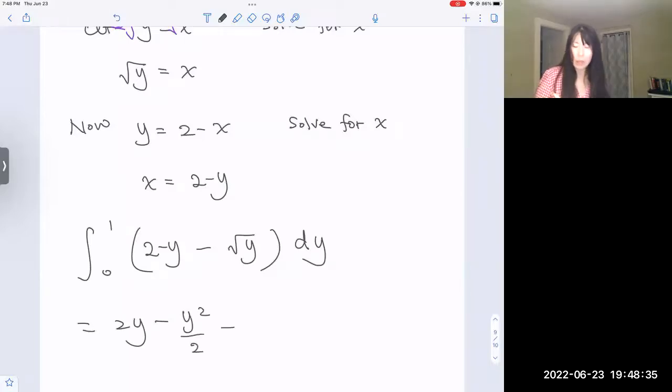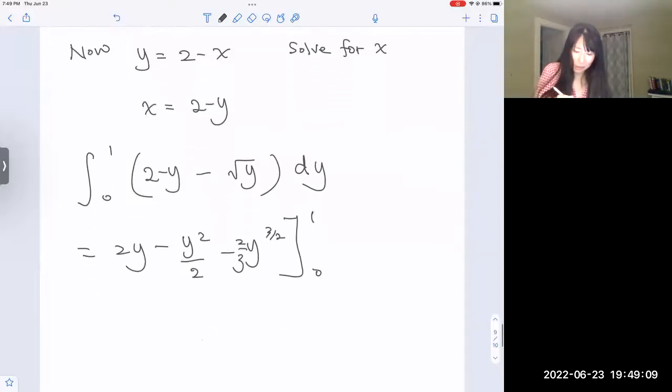Now, y to the 1 over 2 power. Be careful. We do the antiderivative: 3 over 2, then 2/3. Good. So from 0 to 1, I know, so confusing all the time.